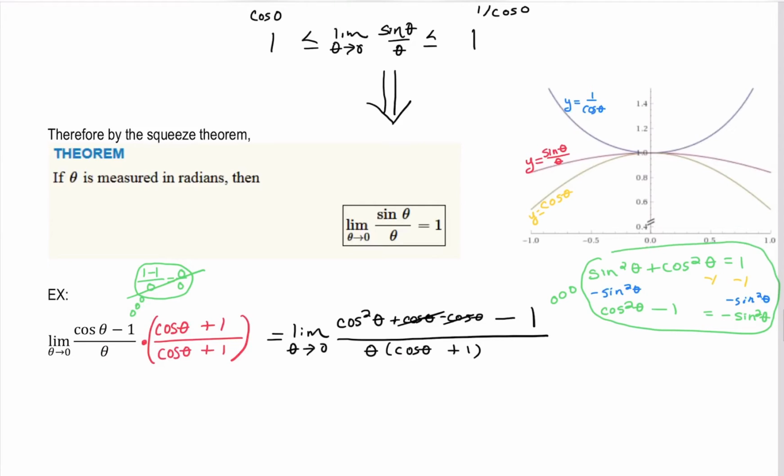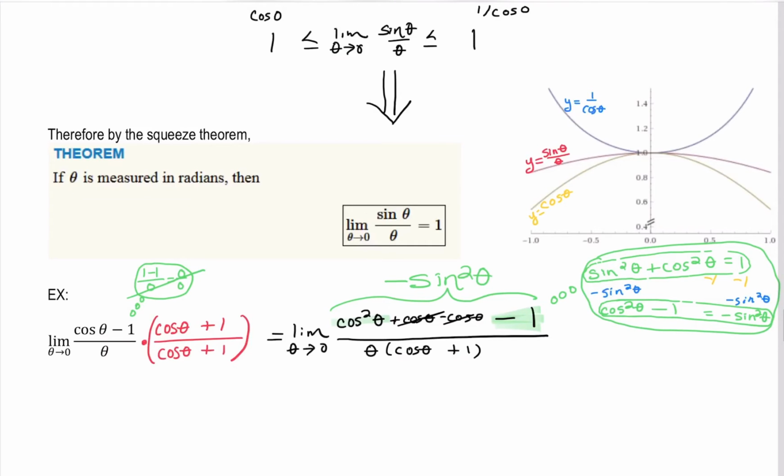So sine squared theta plus cosine squared theta equals 1 is rewritten as cosine squared theta minus 1 equals minus sine squared theta. So in my numerator, cosine squared theta minus 1 is equal to minus sine squared theta.